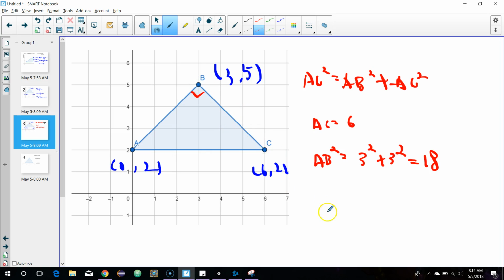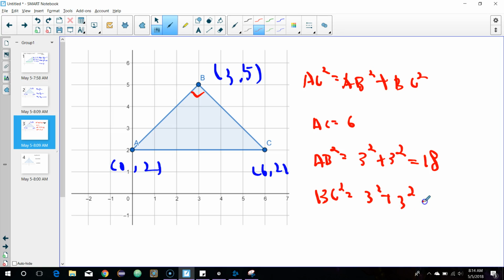Let's find BC squared then. BC squared is just the distance formula. The x values difference is 3, while the difference between the y values is going to be 3.